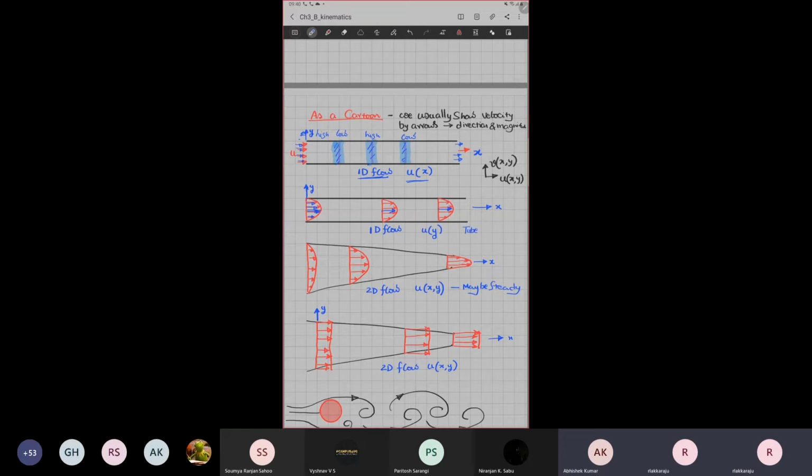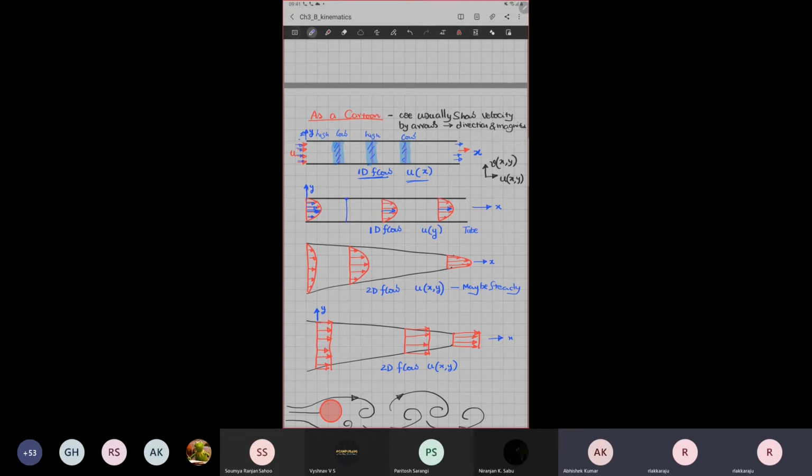In case we are sensing the velocity field information, the way you visualize any velocity field, or vectorial field, is by arrows. At each and every location you draw velocity vectors. Maybe if I look at this section, it can be a complete round pipe, it can be something like a slot.